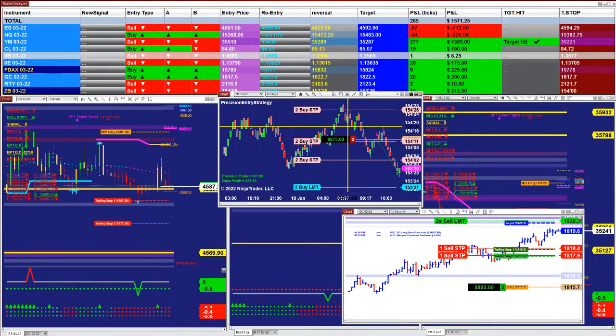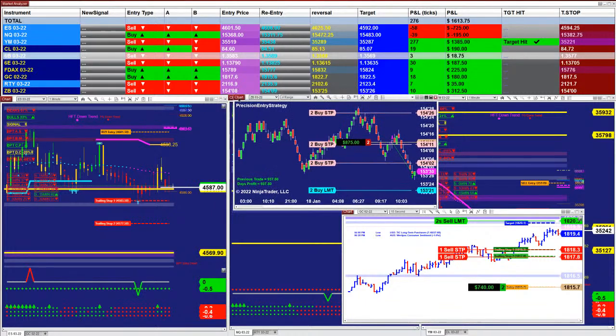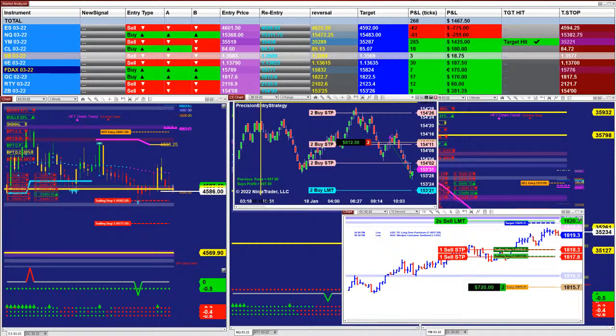If you want extra additional information about your ES to guide you when you are auto trading, you can also put the 1 minute 30-year Treasury bond, because when you combine the 30-year Treasury bond 1 minute with the ES 1 minute, they both confirm each other.